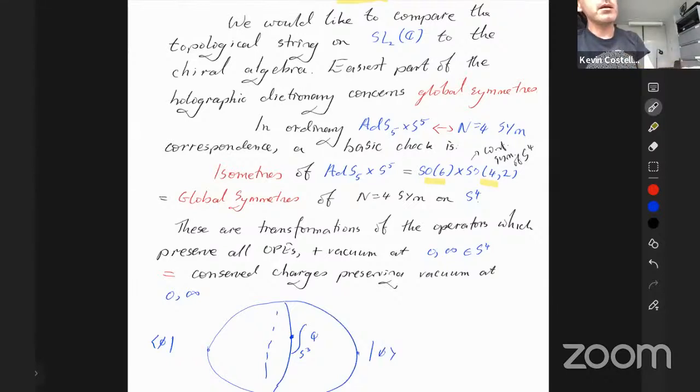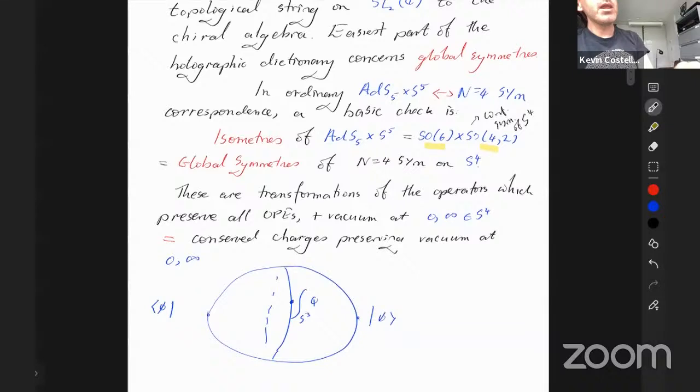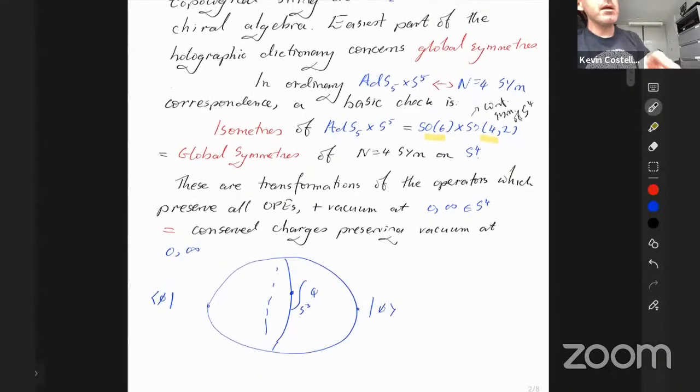So before we move on, let me explain briefly how to think about the symmetries in the case of the CFT in a more abstract language. Your CFT will have a certain number of conserved charges, especially in a chiral CFT.